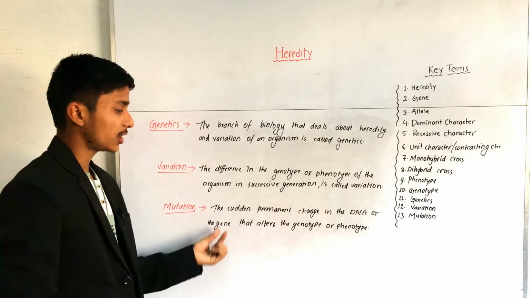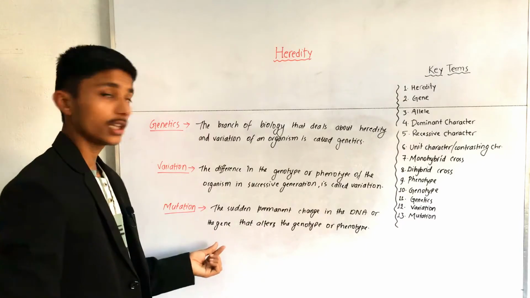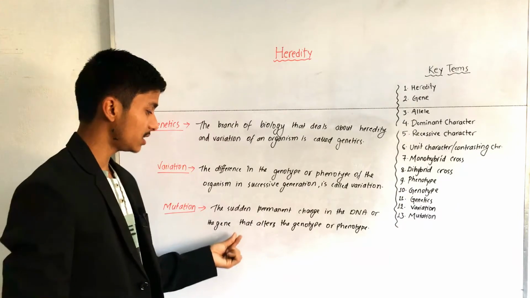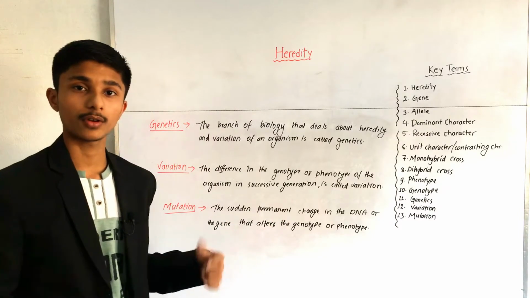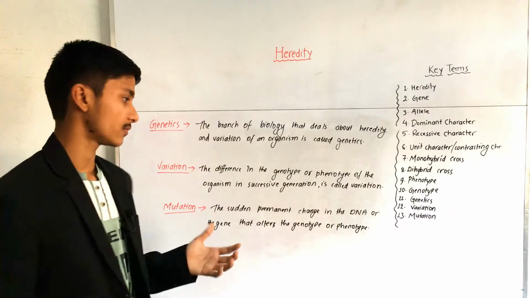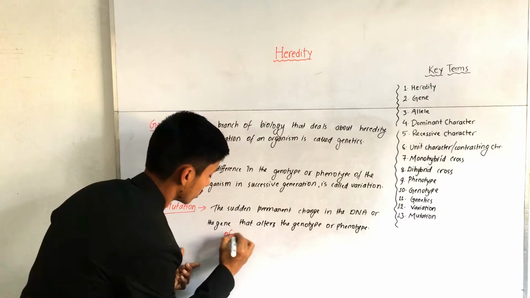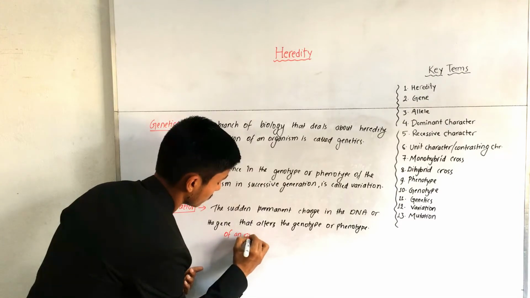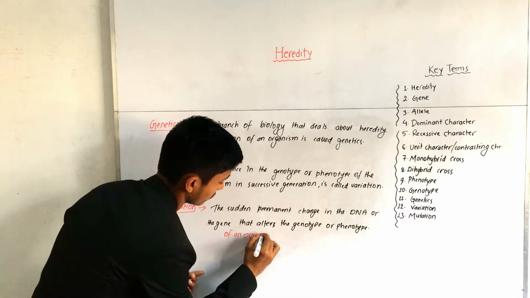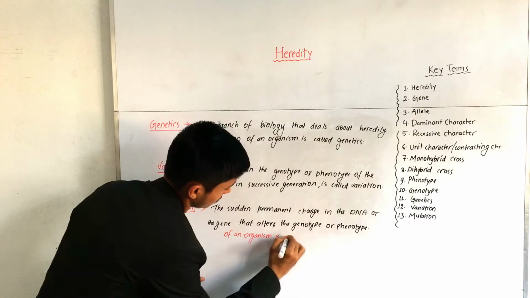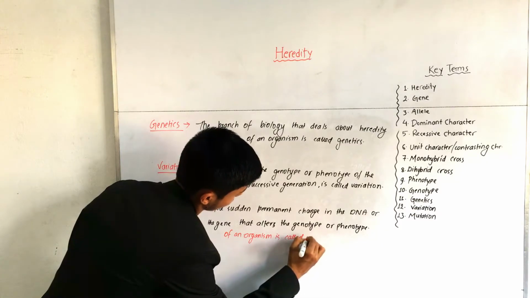Mutation: the sudden permanent change in DNA or the gene that alters the genotype or phenotype of an organism. It's called mutation.